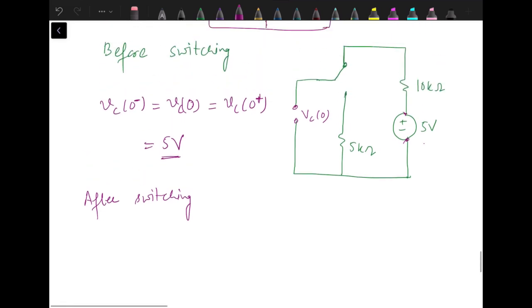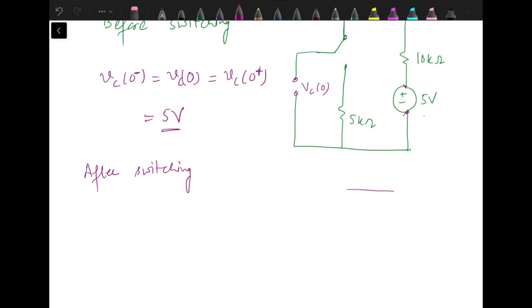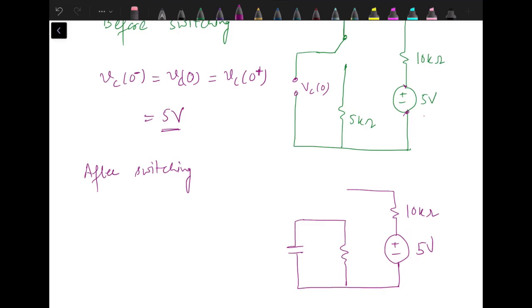After switching, the switch is moved to position 2. Source and 10 kilo ohm resistance, they are no more in connection with the capacitor. This is the circuit now.